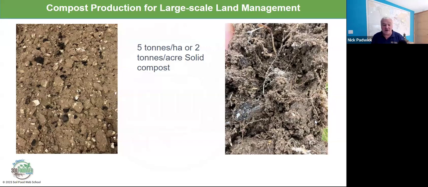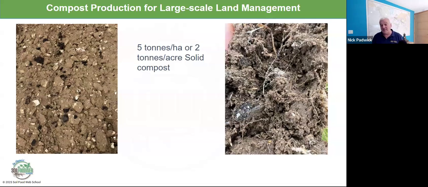And here's a great picture of our applications. We've applied some compost, and then 6-8 months later, in the picture on the right, that soil has slightly changed color, and you can see those fungal hyphae running through that soil profile.